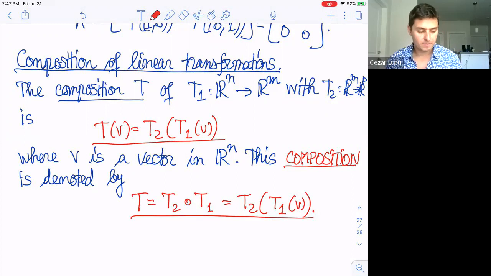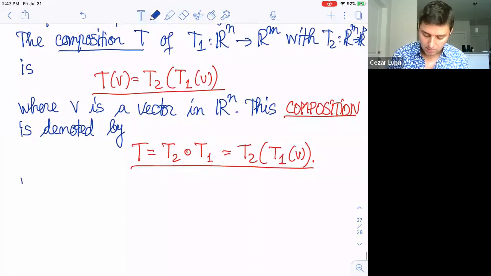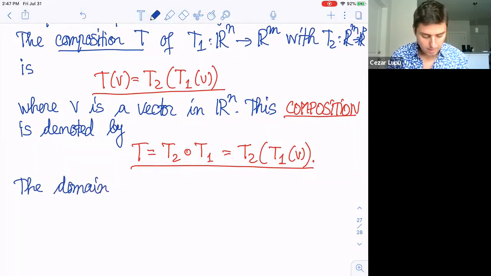We can, and let me just explain it a bit, and then I'll draw a picture. The domain of T is the domain of T1.